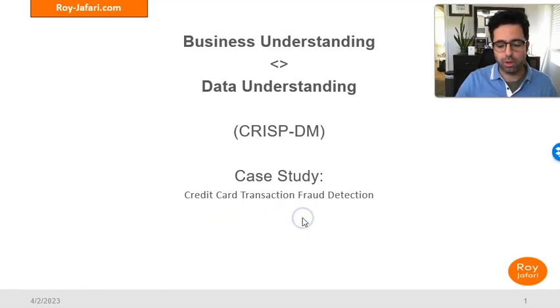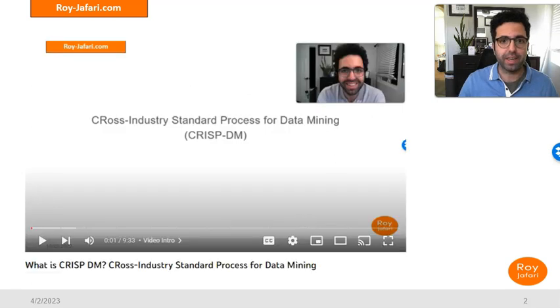Quickly going over what we've already learned in this video series. In the first one, we talked about what CRISP-DM is, the cross-industry standard process for data mining. We went over the framework in general, and we also used a case study to understand it better.